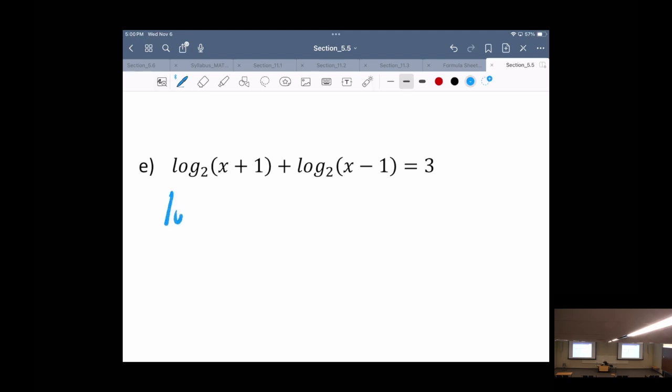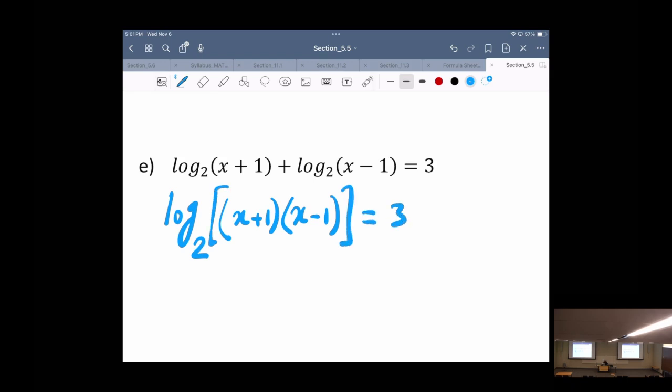In other words, we can write log to base 2 of (x plus 1) times (x minus 1), let me put that in brackets, equals 3. This is one of the properties we saw in section 5.4, and it's also on your formula sheet. So all you have to do is know how to use it.